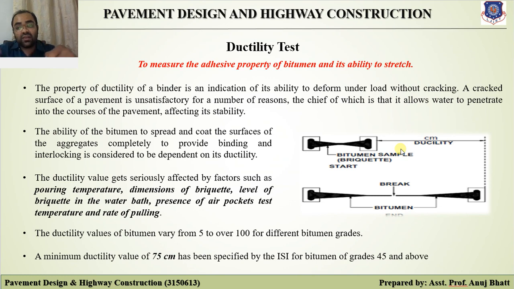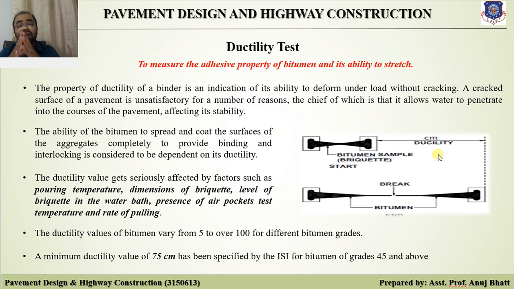There will be a scale which measures the distance in centimeter. At the point where this thin layer breaks, at that moment you have to measure the distance in centimeters, and that will give you the ductility value.